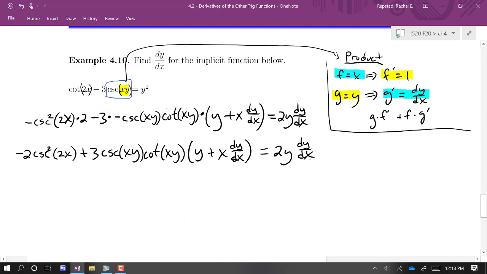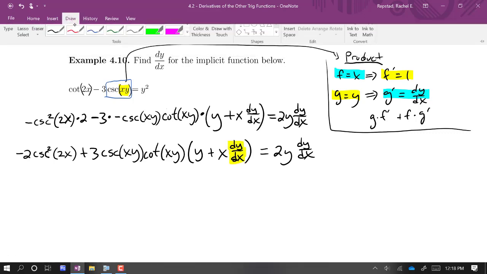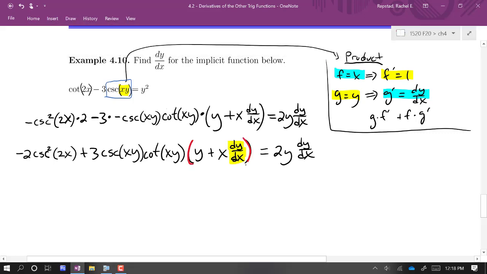Alright, so we've cleaned this up. Now our goal is to solve for dy/dx. And the thing we need to focus on first is that one of our dy/dx's is trapped inside this set of parentheses. And so we're going to fix that problem the way we've done it in the past, and that is we're going to distribute.